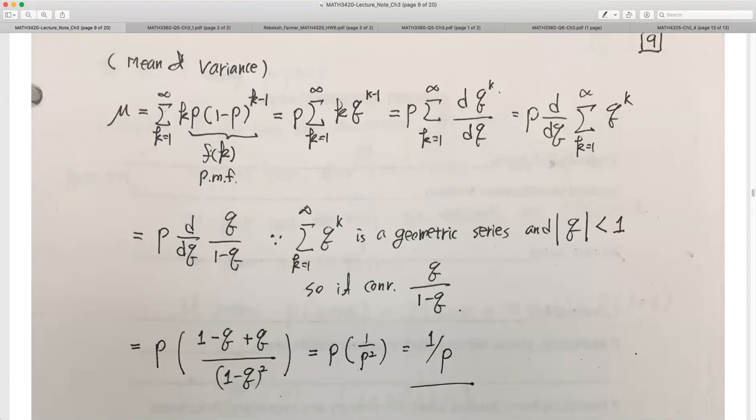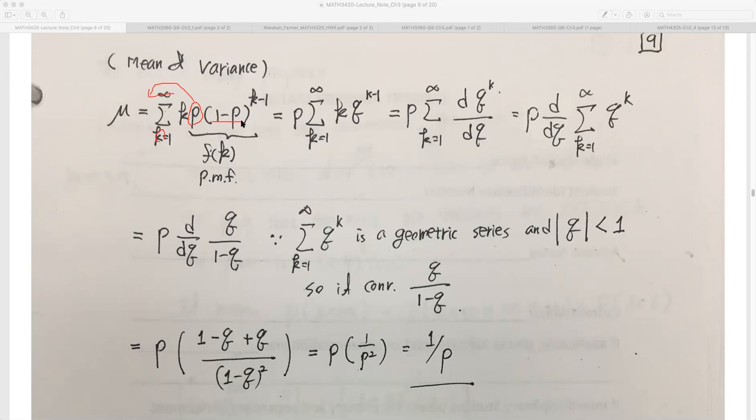Now, p is a constant, because k is the moving index, so we can bring out p, and 1 minus p is actually q.